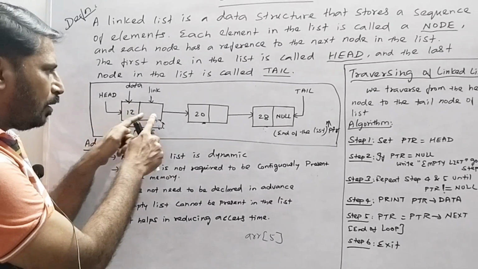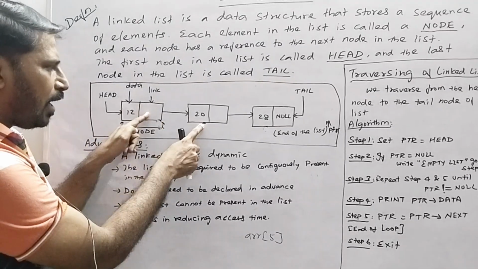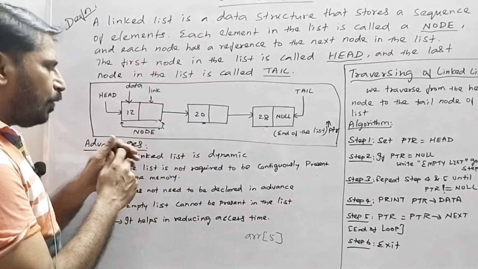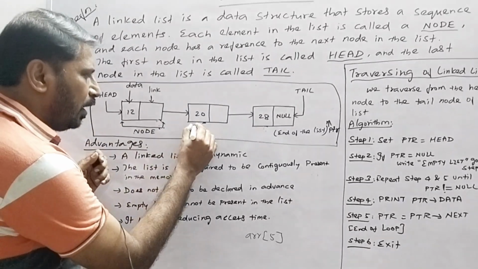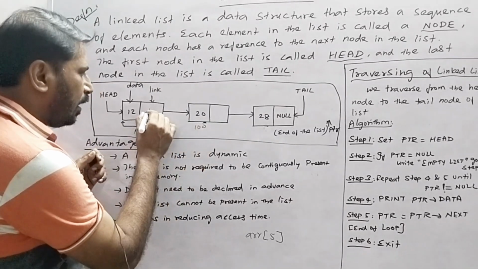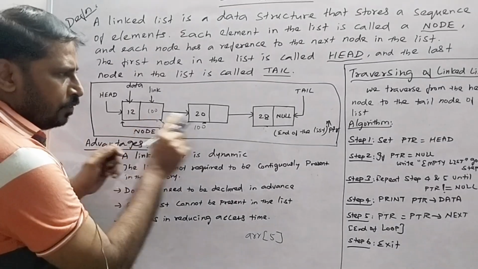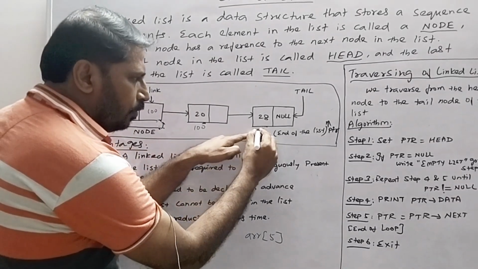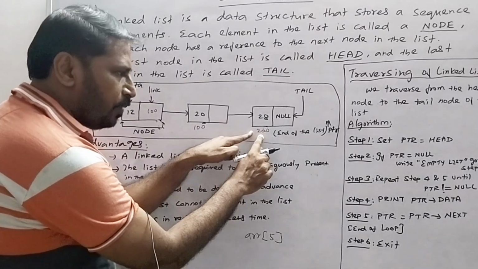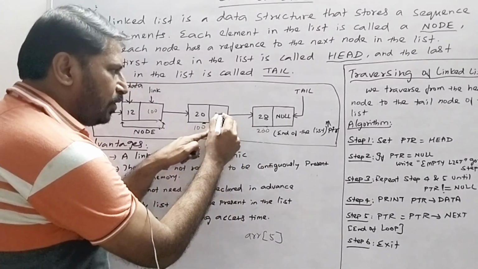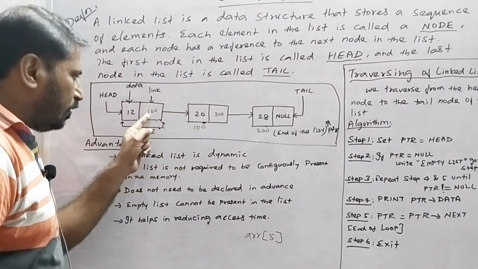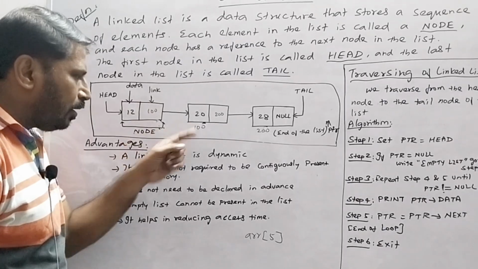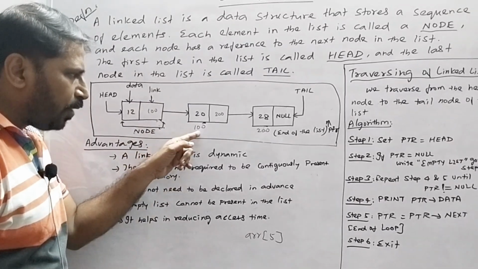In the link part I store the address of the next node. For example, if the address of the next node is 100, then the number 100 is placed here. Suppose this node's memory location is 200, then 200 is placed here.